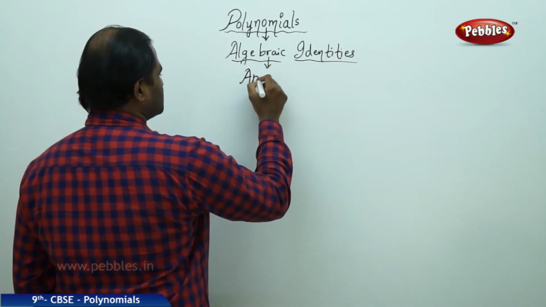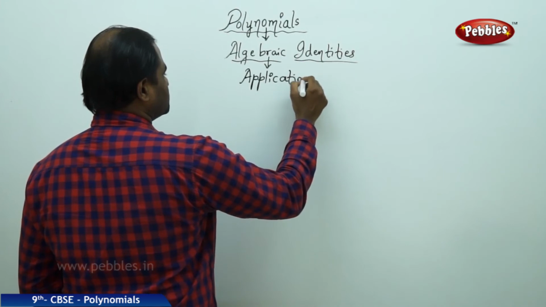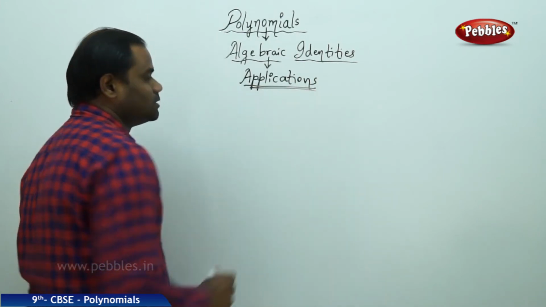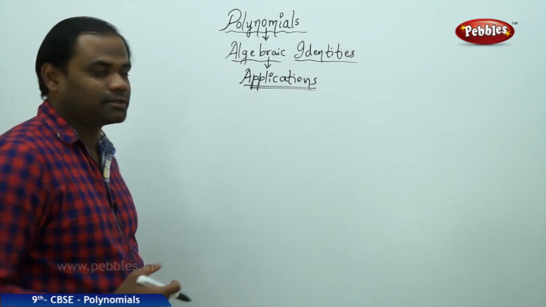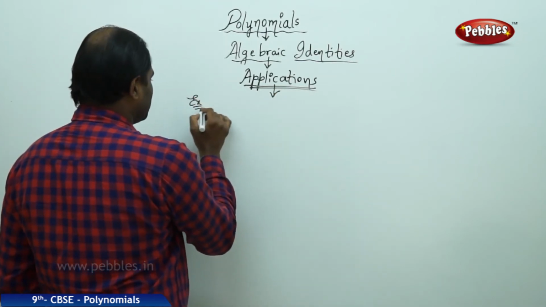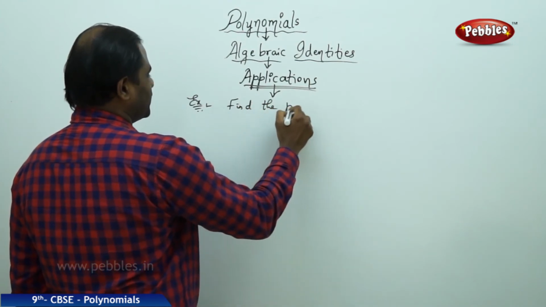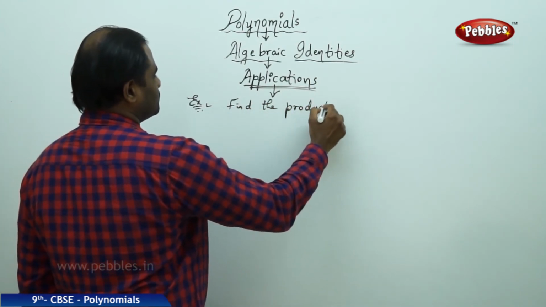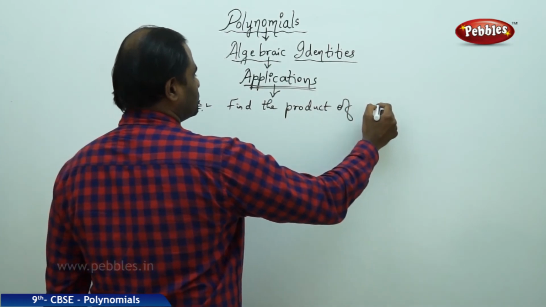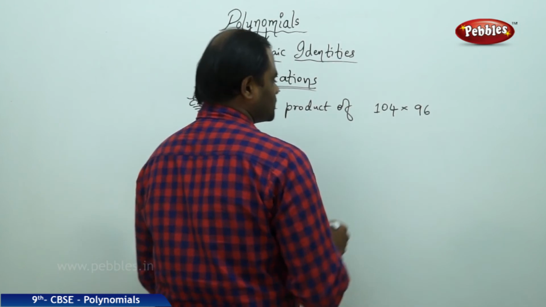The applications of algebraic identities is the topic for today's session. So for example, I have a question which says, find the product of 104 times 96.